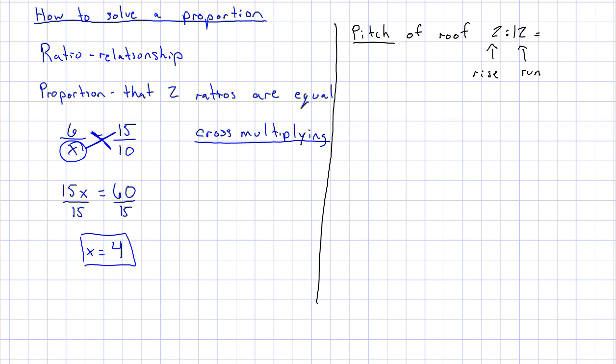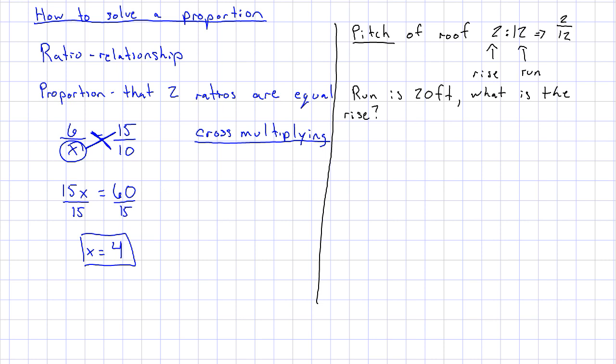I could also have written this ratio as 2 divided by 12, and that would be rise over run. So the question here tells me that the pitch of the roof is 2 to 12, and that the run is 20 feet, and it asks what is the rise.